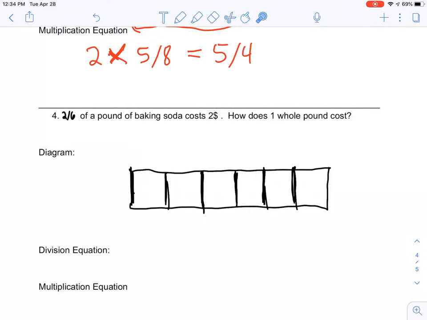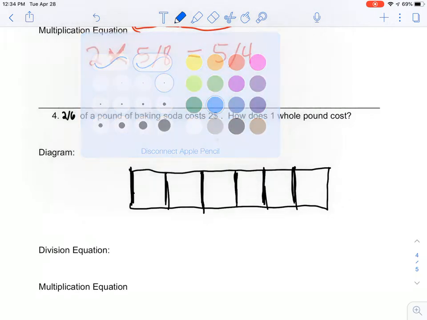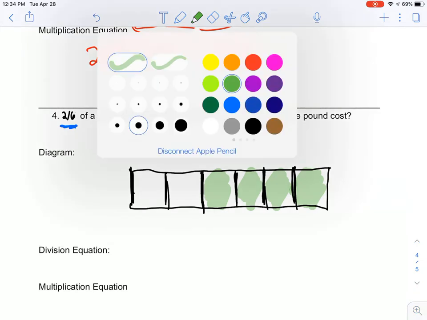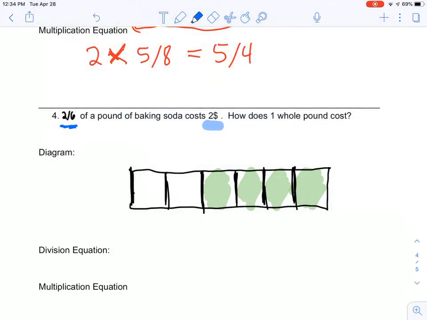Okay, now let's see here. We are dividing it into groups of 2 sixths. Okay, so here's 1 6, 2 6, and then the rest will just be shaded out. So now it looks like we have 2 sixths altogether. Okay, so 2 sixths of a pound of baking soda costs exactly what? $2.